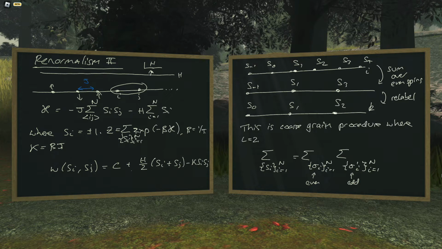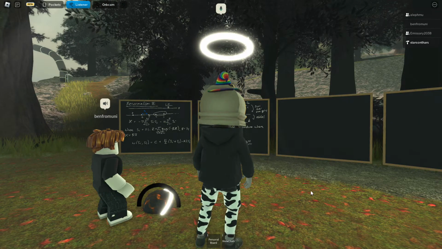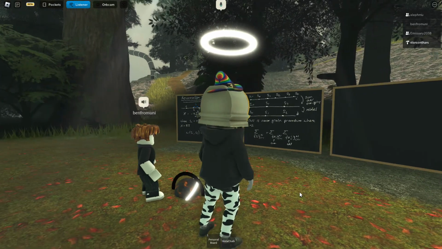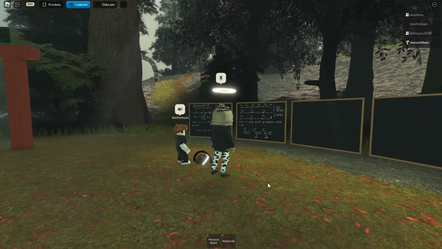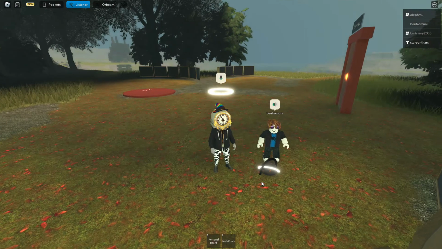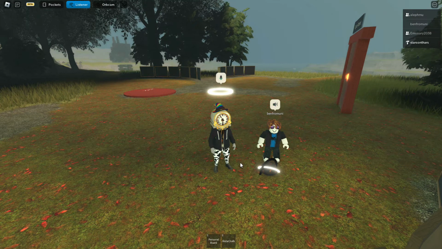It's actually a nested sum, isn't it? So that's the idea. The sum on the left is a sum over functions assigning to every lattice point a spin, and once you choose a way to allocate spins to the even sites, you still have to index over all the ways of assigning to the odd sites. So yeah, this is right. No, I was wrong. It's not a sum in between. Think of it as summing over all the odd ones first, and then summing over the even ones second, which should be the same as summing over all of them.